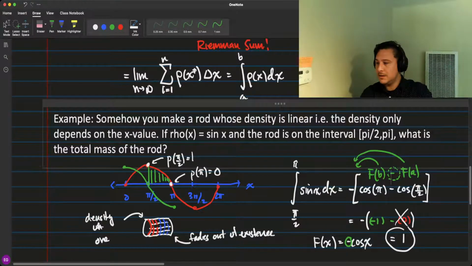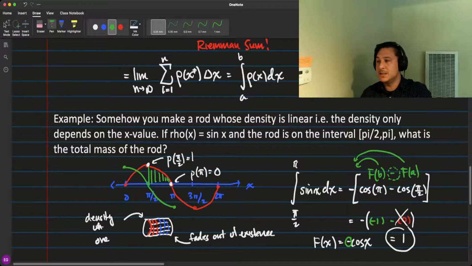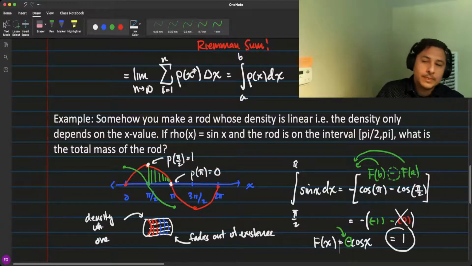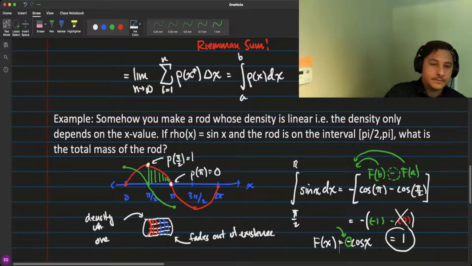That's a good question though, because that's a very common mistake to think, shouldn't it be plus? The negative isn't from the minus between them; it's from the minus in both of the antiderivatives. Right, exactly. So when you factor out the minus, you get cosine pi minus cosine pi over 2.